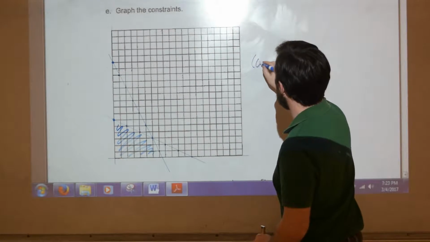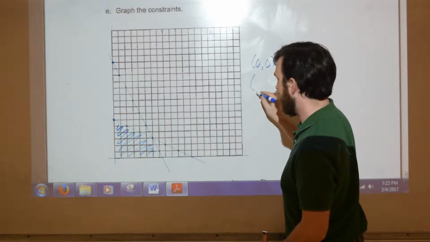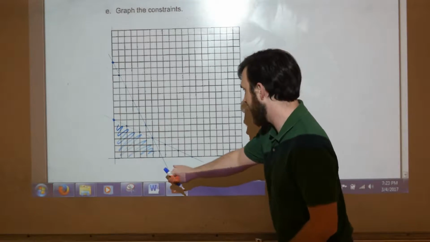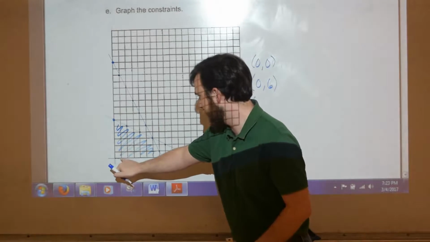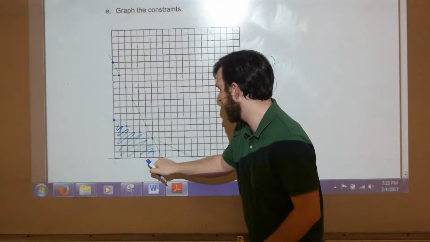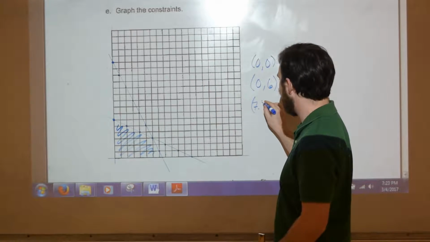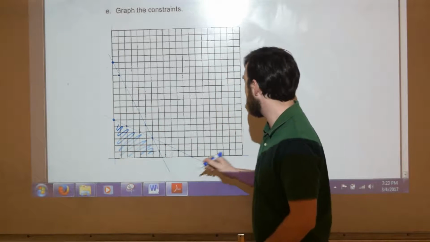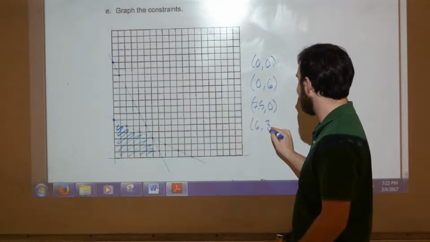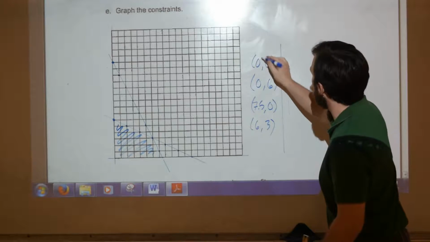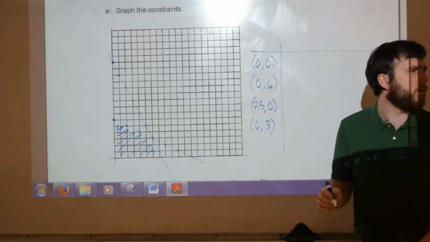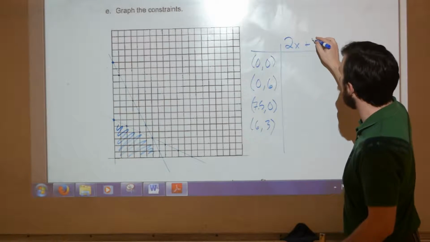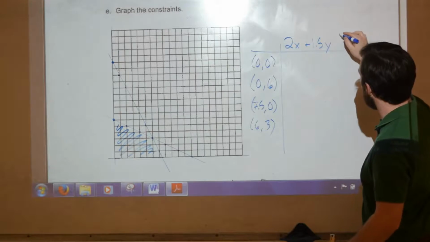So we have 0, 0. We have 0, 6. We have, ooh, that spot's a little nasty. 1, 2, 3, 4, 5, 6, 7.5, 0, and then 6, 3, I think, is that last one. So we are plugging these in to 2x plus 1.5y.